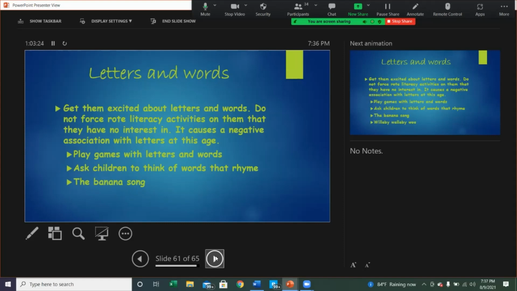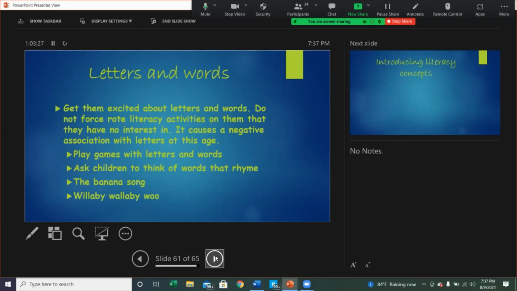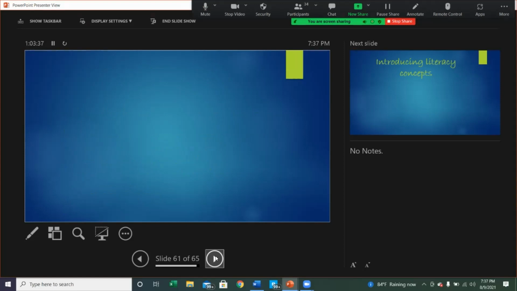Do the banana song. Do Willoughby Wallaby Woo. I always thought that was such a silly song, but it's a huge piece of literacy. I'm going to say those again if you need to write them down. The banana song, you guys, I'm sure know these, and Willoughby Wallaby Woo.